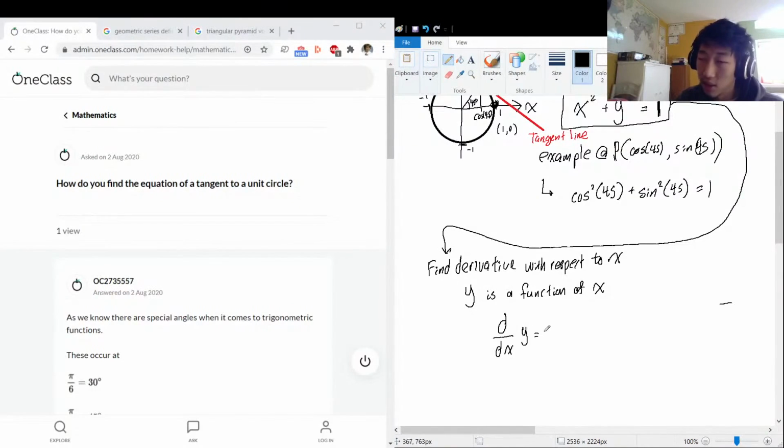So just taking the derivative by itself is not enough. We need to do the chain rule. So in this case, d by dx of just y by itself is going to be 1 multiplied by dy over dx, or it's just going to be y prime.